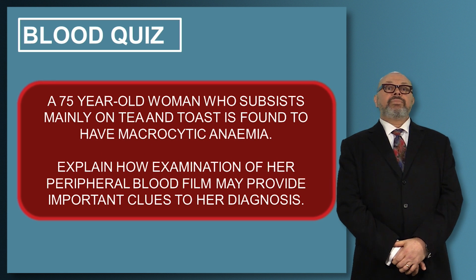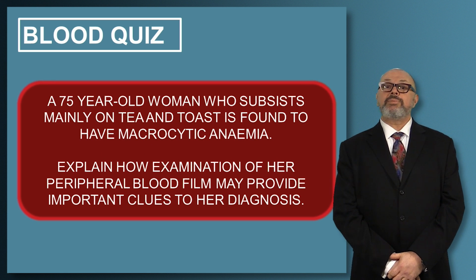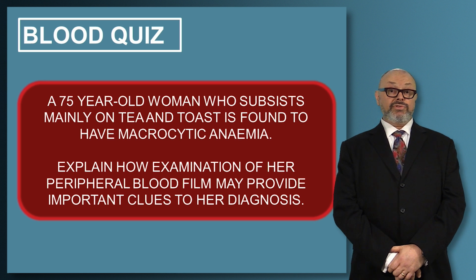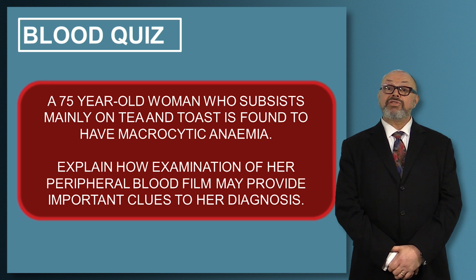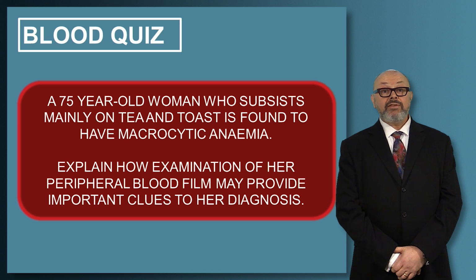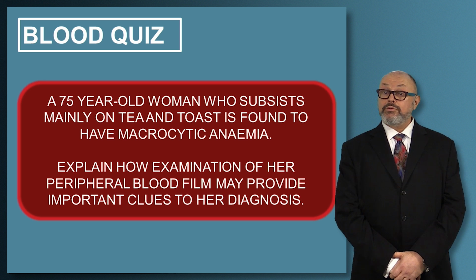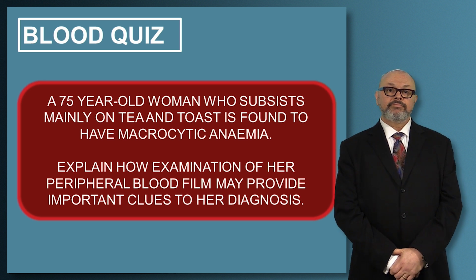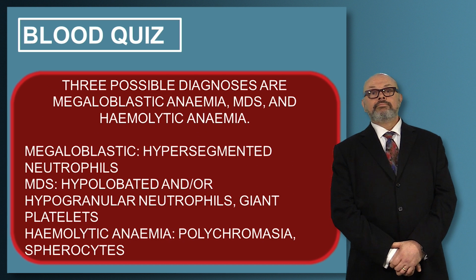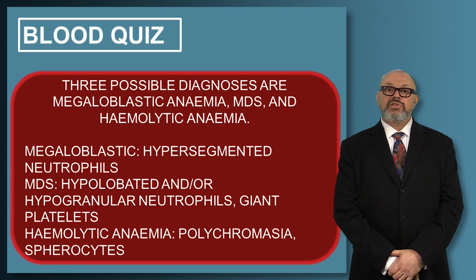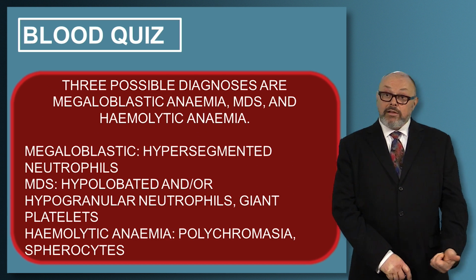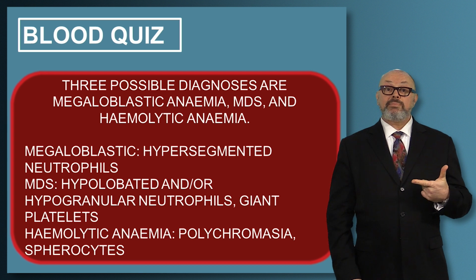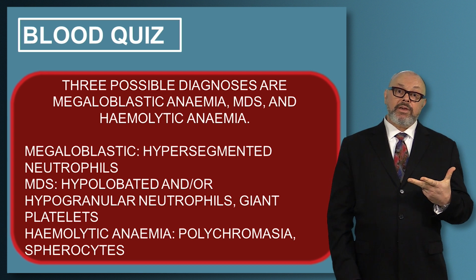Next question. A 75-year-old woman who subsists mainly on tea and toast is found to have macrocytic anemia. Explain how examination of her peripheral blood film may provide important clues to her diagnosis. So I think there are three possible diagnoses here: megaloblastic anemia, myelodysplastic syndrome, and hemolytic anemia.